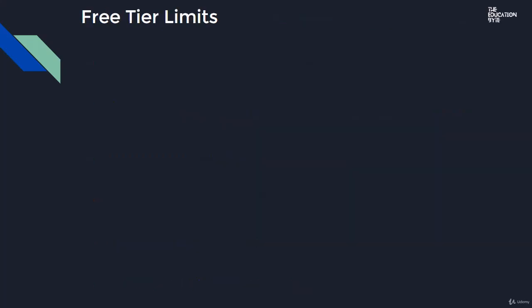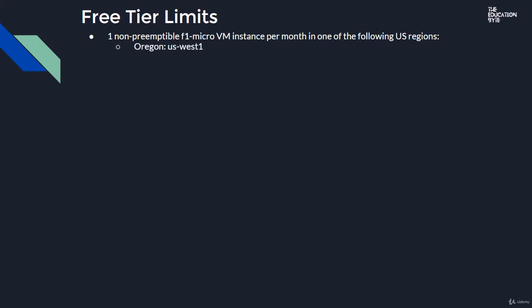So let's take a look at the free tier limits and what we get in the free tier. You get one non-preemptible F1 micro VM instance per month in one of the following US regions: either Oregon, US West 1, or Iowa, US Central 1, or South Carolina, US East 1.